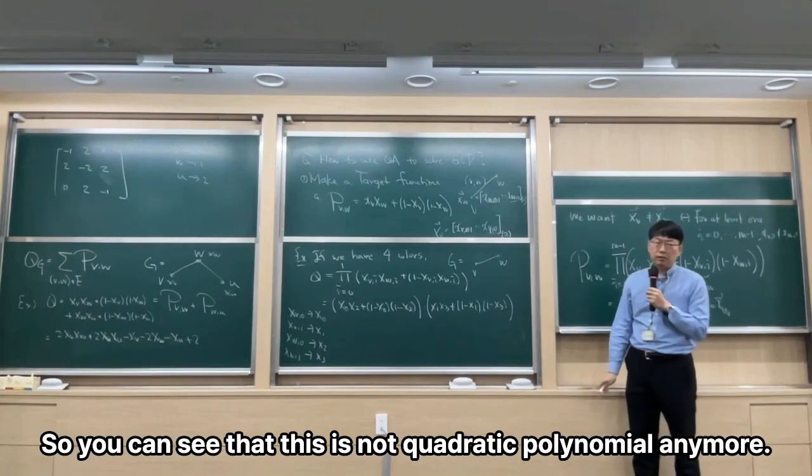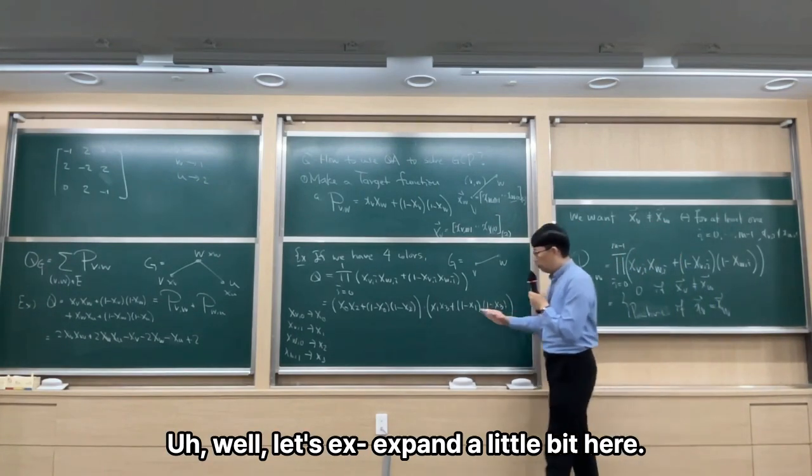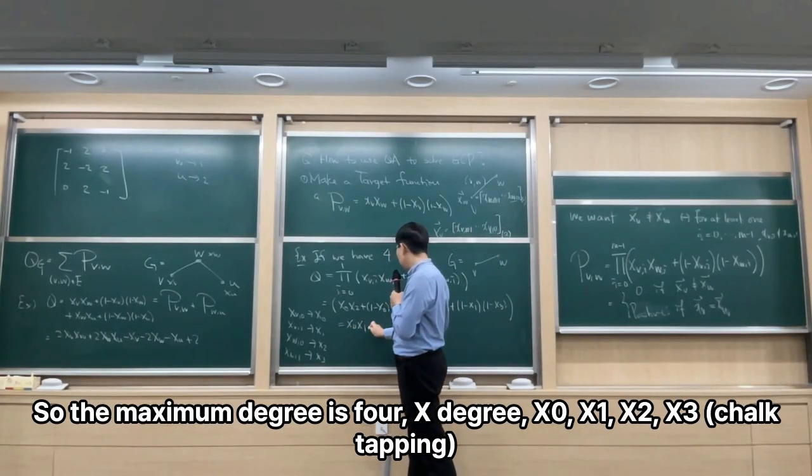So you can see that this is not a quadratic polynomial anymore. Well, let's expand a little bit here. So the maximum degree is 4: x0, x1, x2, x3.